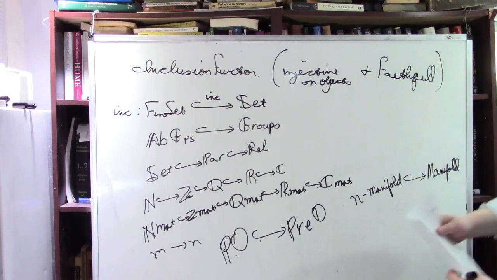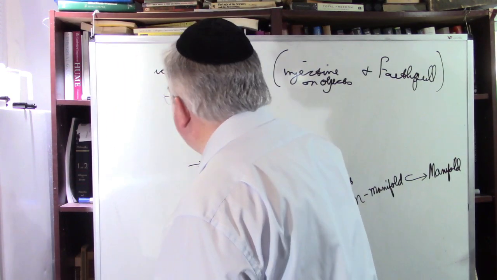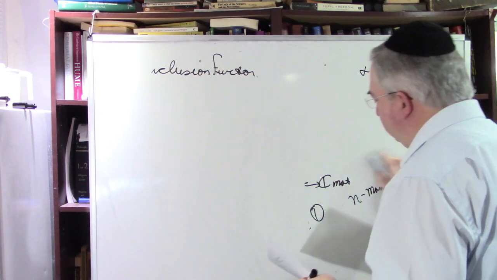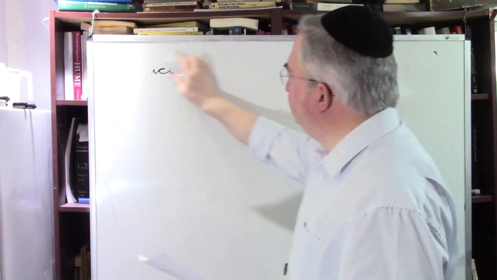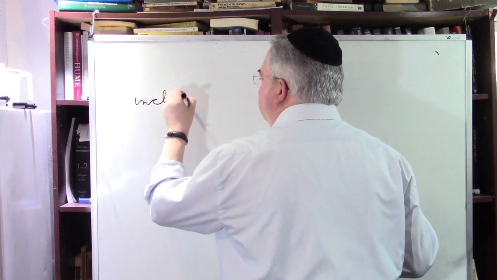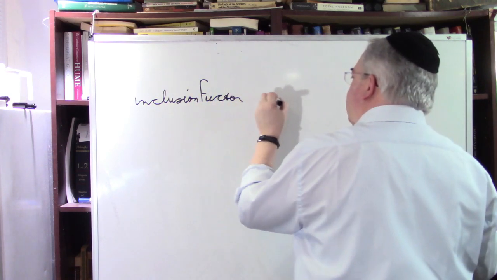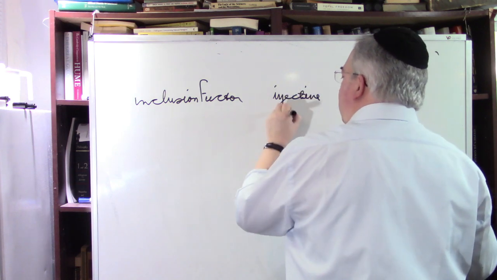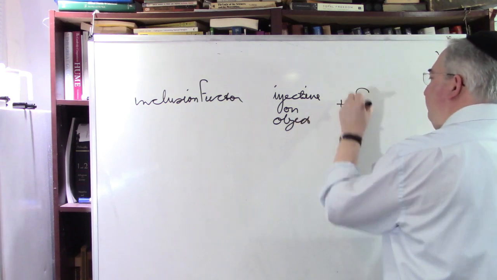Okay, great. Now, I want to talk about a special type of inclusion functor. An inclusion functor is injective on objects plus faithful.